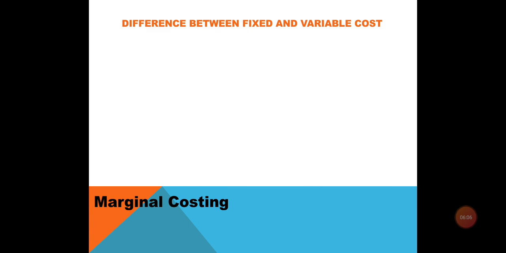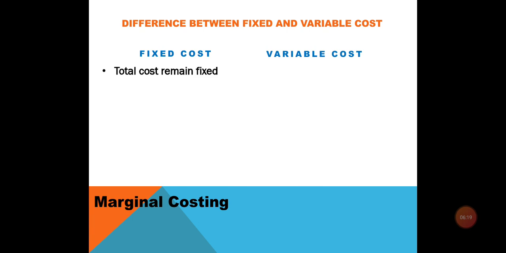Students, for variable and fixed cost, you must know the difference between these two costs, which is very important to identify what is fixed cost and what is variable cost. So now we go for the difference between variable cost and fixed cost.